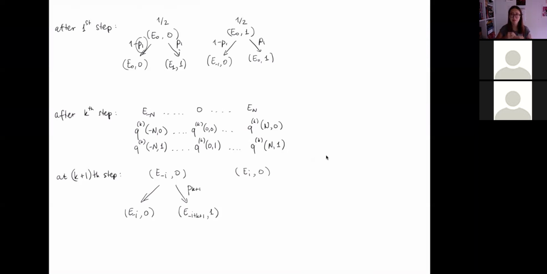The energy of the battery is increased with the probability pk plus 1 that the heat bath state has some energy. And this probability has to do only with the state of the qubit of the heat bath. And it stays the same with 1 minus pk plus 1.